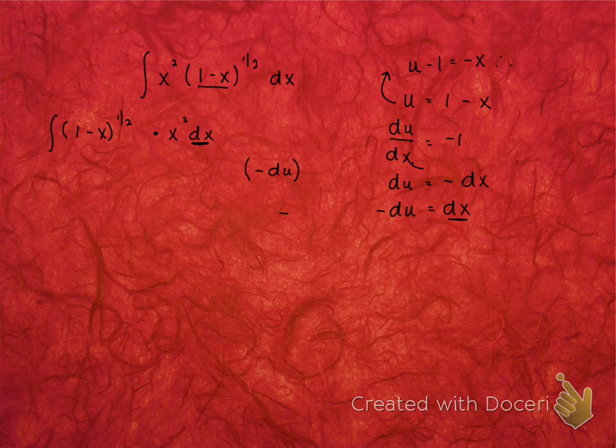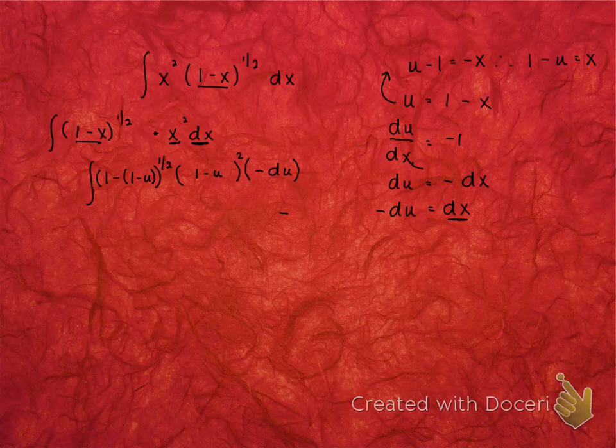Therefore, 1 minus u is equal to positive x. So I'm going to go back to my problem, and 1 minus u is going to be filled in for every x I've got in my problem. So this x squared is going to be replaced with 1 minus u squared. And then in our 1 minus x here, 1 minus u to the 1/2.